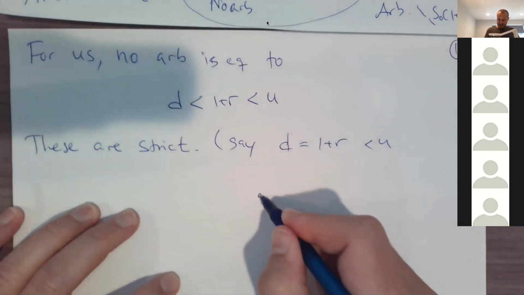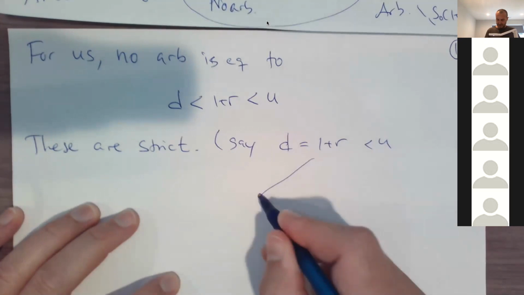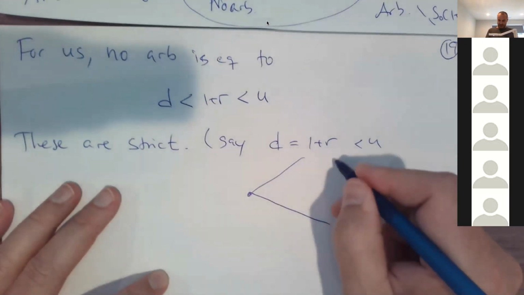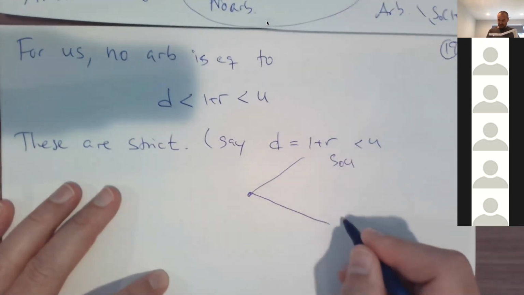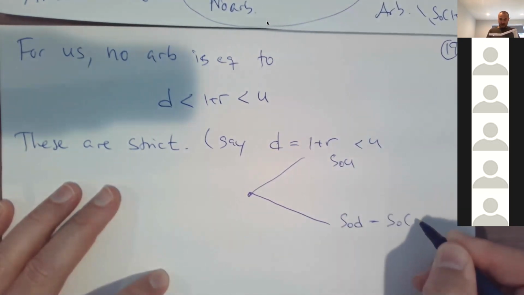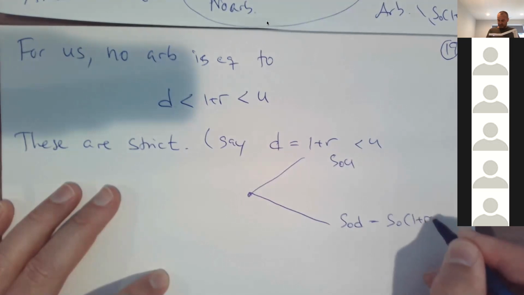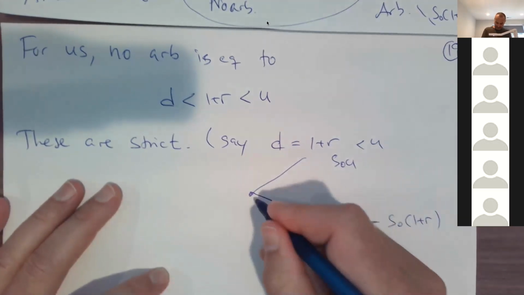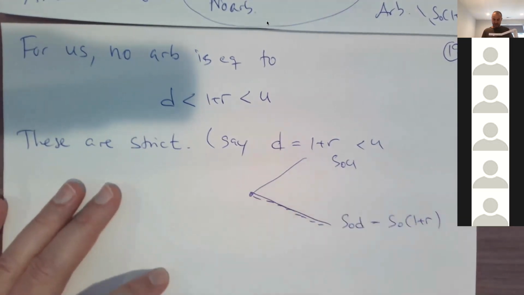Well, then the merge of the two pictures would be, up here you would have S0 U, and down here you have S0 D, which is equal to S0 times 1 plus R. So here is also where the dotted line is.